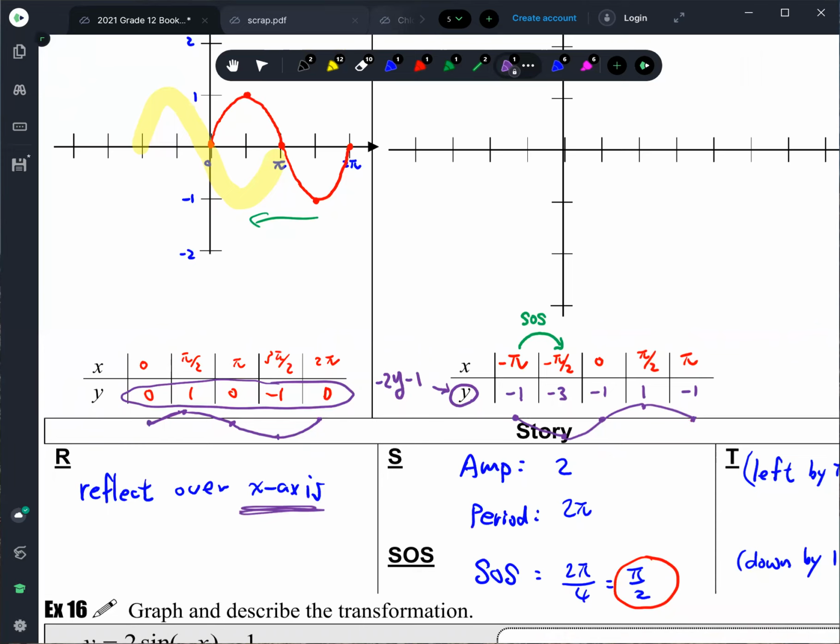So you can get the points this way too, okay? If you know there's a reflection, you know to start with -1. Amplitude is 2, right? So you can subtract 2, add 2, add 2, subtract 2. -1 subtract 2, you get -3.